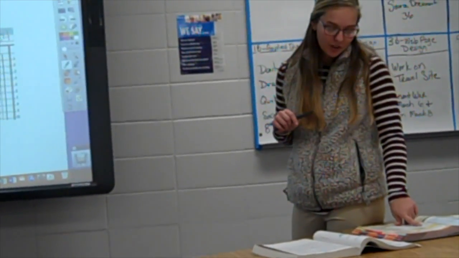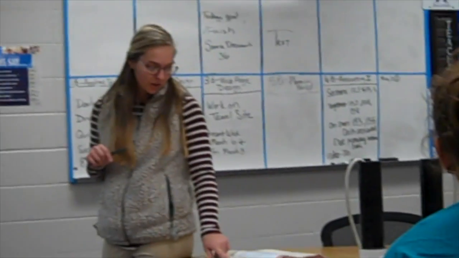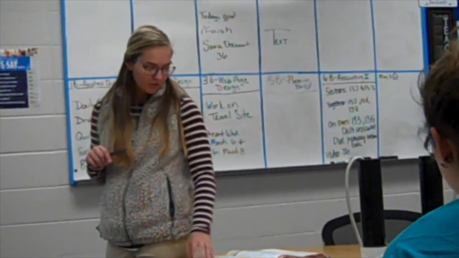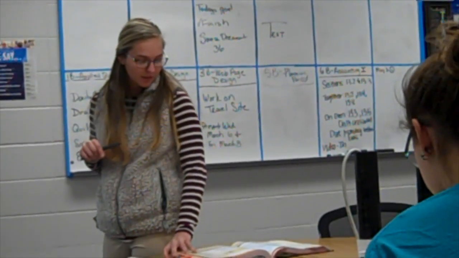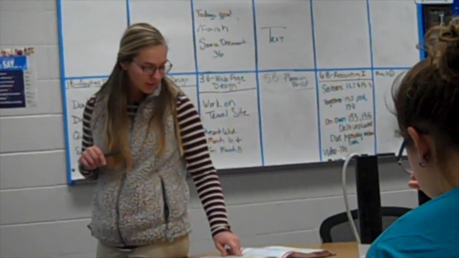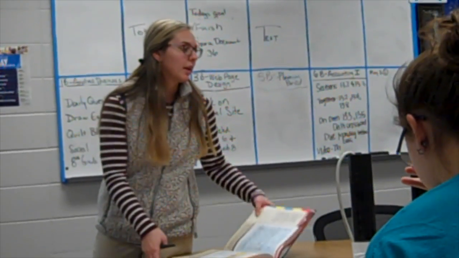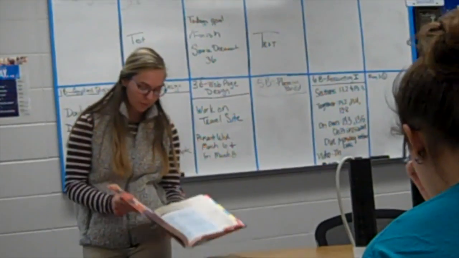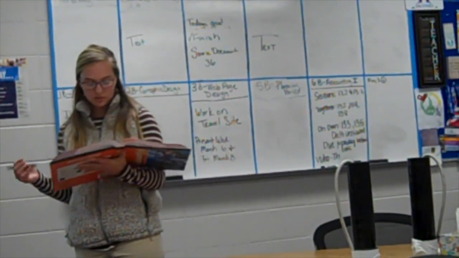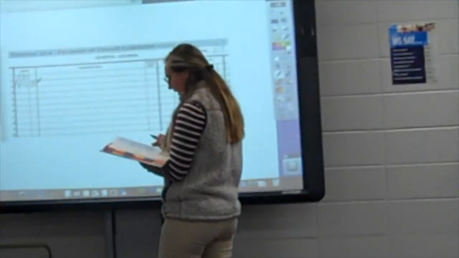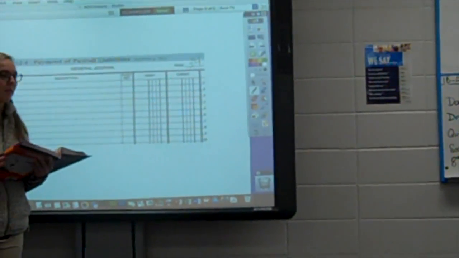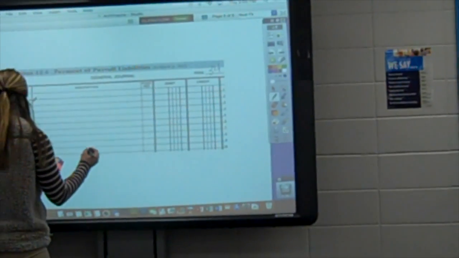So if we are going to post our employees' federal income tax payable, is that going to be for our federal then, or our state? Are we paying this to the federal government or to just our state? The employees' federal. So we're going to put that over here. And is that going to be a debit or a credit? A debit. Very good.